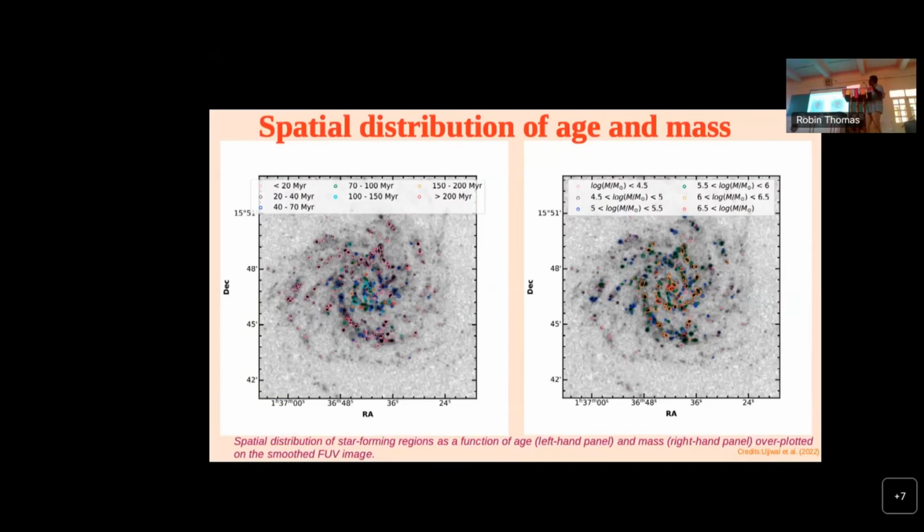If you look at the image, starting from the inner part, the older population dominates in the inner part of the galaxy, and as we go radially out, we see a younger population. In the case of mass also, massive regions are located in the inner region, and less massive regions are in the outer region.